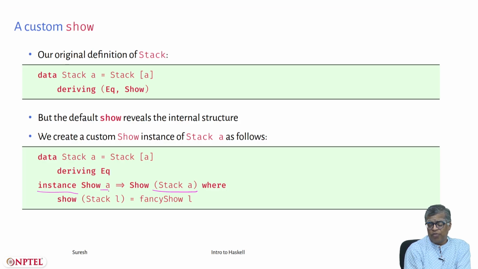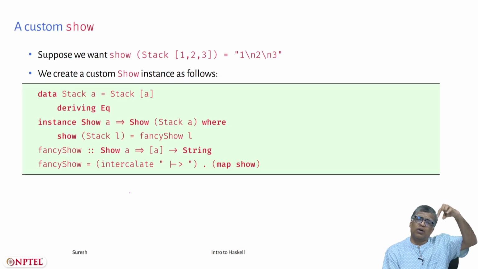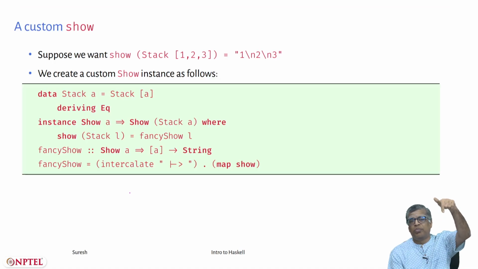So you should say, if A is an instance of Show, then Stack A is also an instance of Show, and then show of Stack L is nothing but some fancy show, where fancy show is something like this. You use this function called intercalate, which will take a list of strings or list of lists and put your particular list in between any two lists.